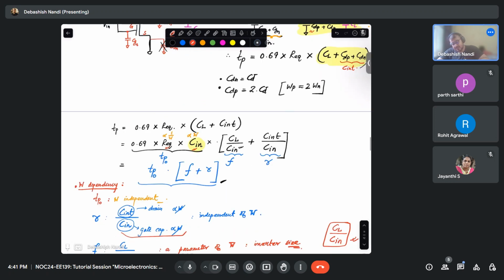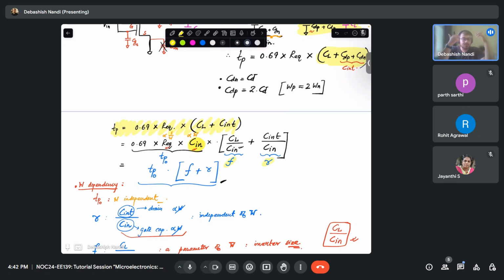Then next is, this is your simple formula. And then to accommodate the inverter chain problem, we have taken C in common and divided it into the bracket to get two quantities, F and gamma. This F is nothing but the ratio of your load capacitance versus the input capacitance of the first stage, and this C internal by C in is your self loading.